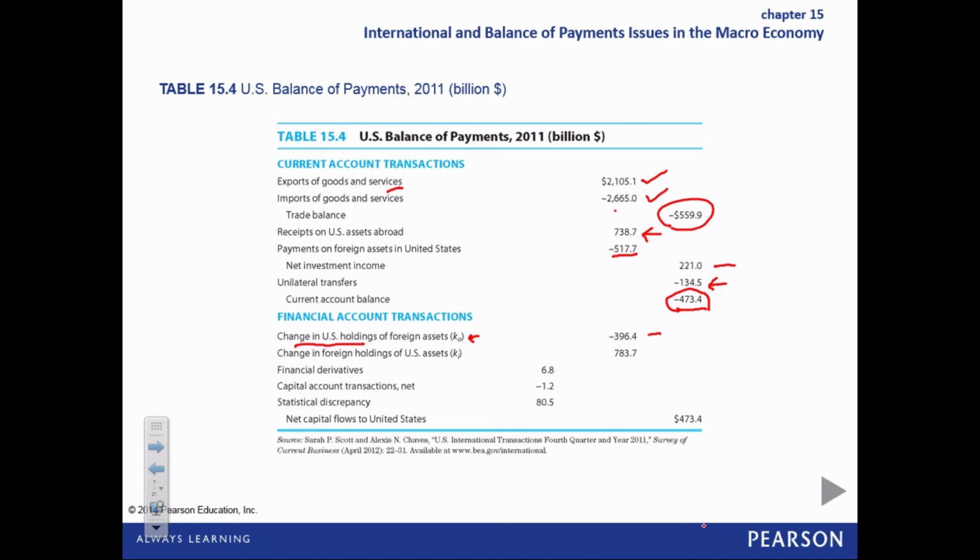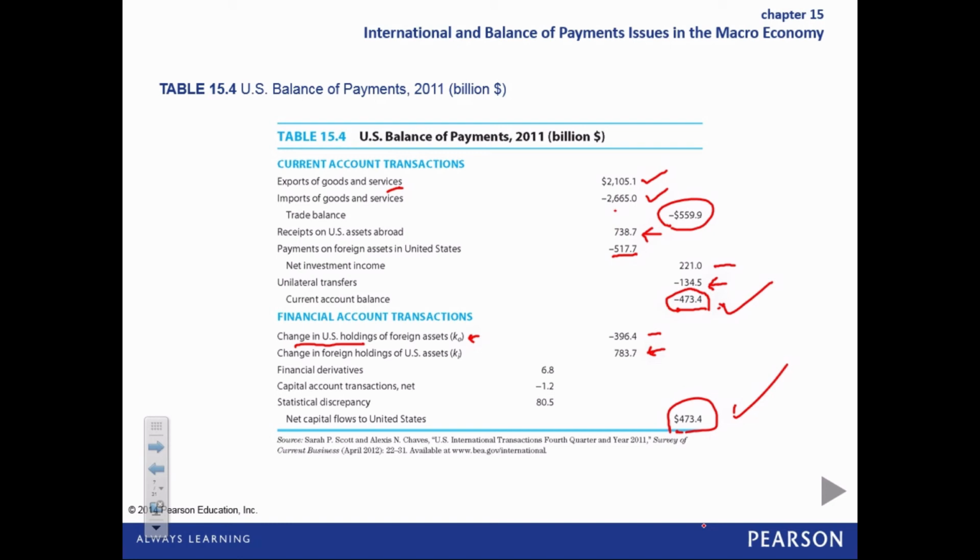The change in the foreign holding of U.S. assets has gone up, again, because we have a deficit. And some derivatives, playing around with the market, capital account transaction, net statistical discrepancy. And when you add these up, it would be exactly 473.4, which is these two.